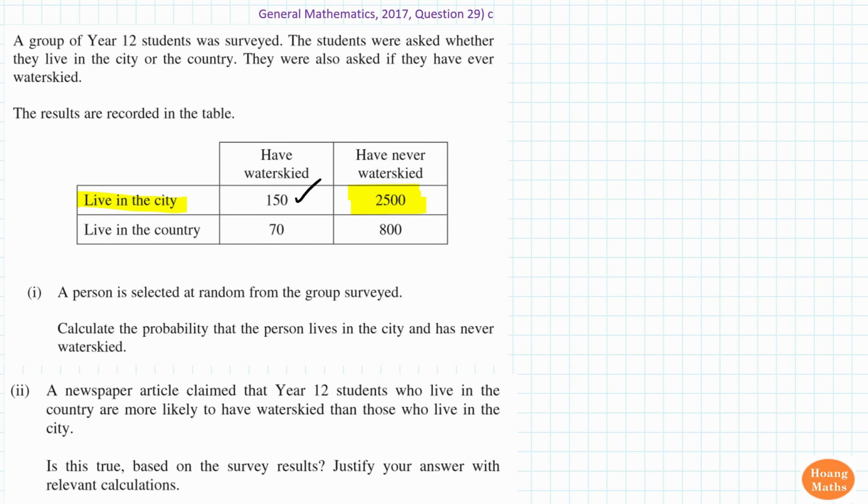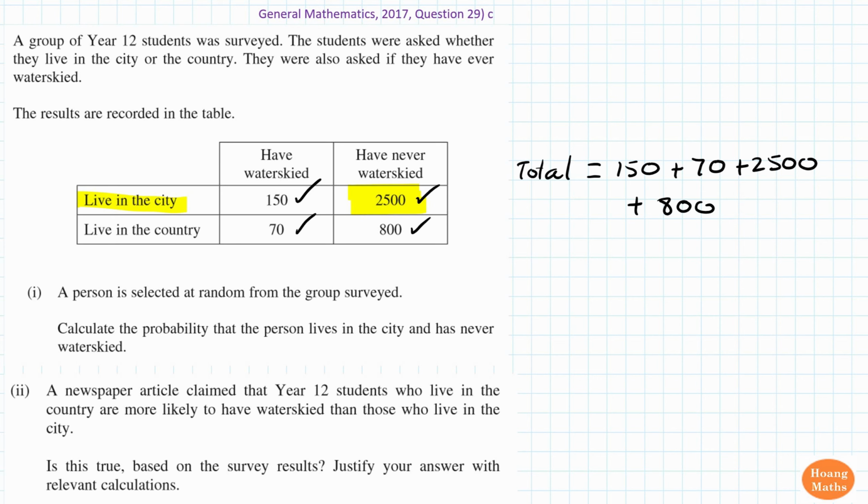That is 150 plus 70 plus 2,500 plus 800. So I just add the total up first. So the total number of people surveyed is 150, add 70, add 2,500, and add 800.